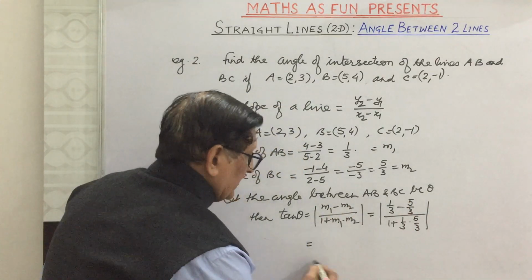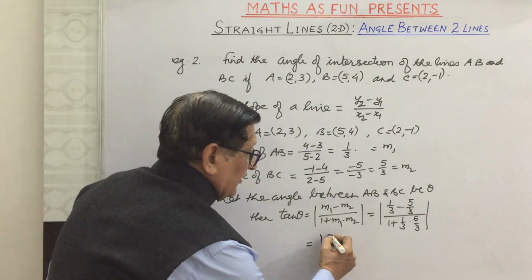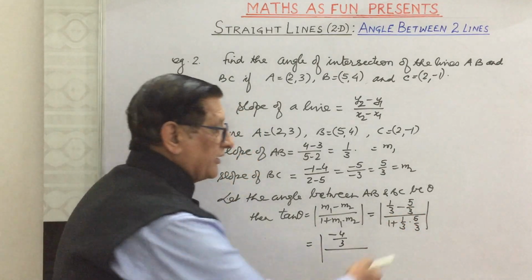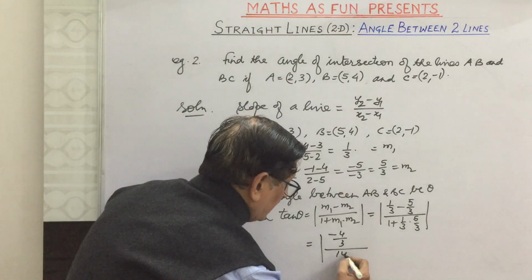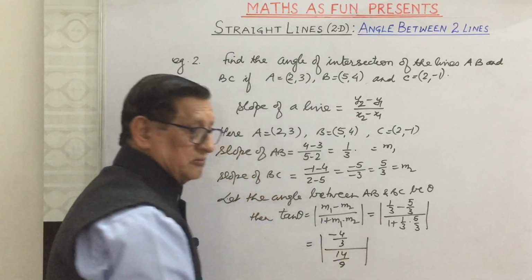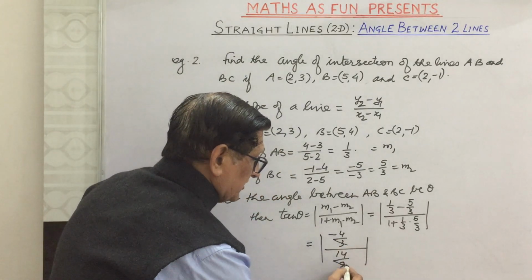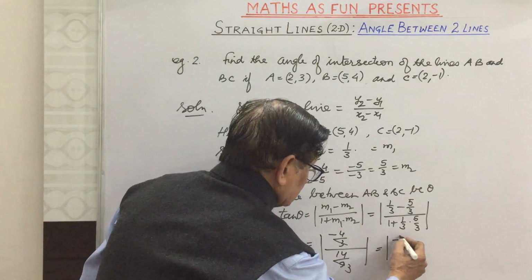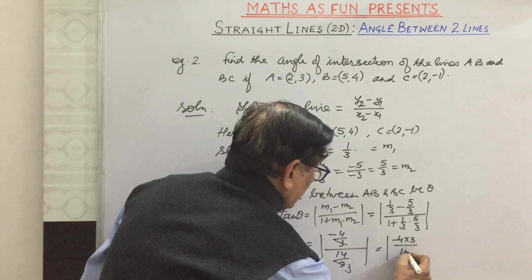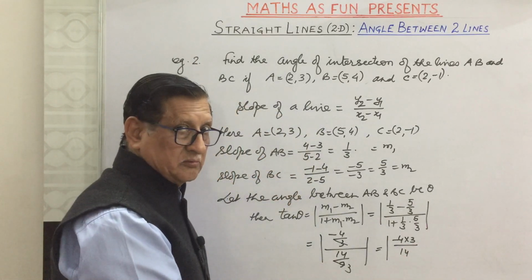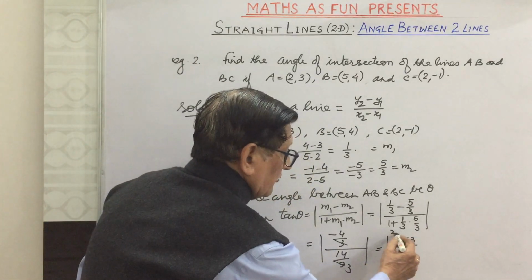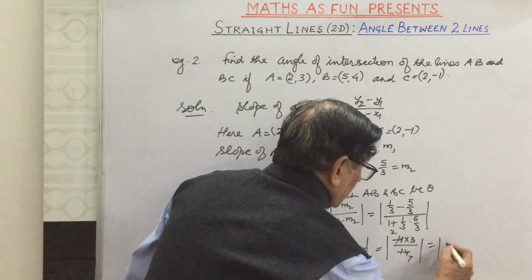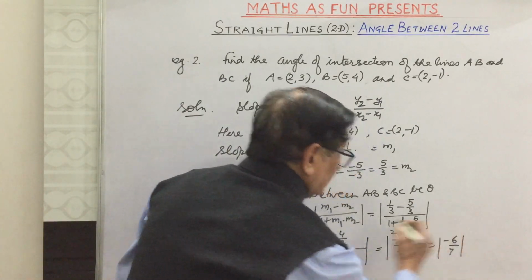Simplifying this, we get 1 minus 5, that is minus 4 upon 3, and here 9 plus 5, 14 upon 9. 3 nines are 27, and we are getting here minus 4 into 3 upon 14, which gives modulus of minus 6 by 7.